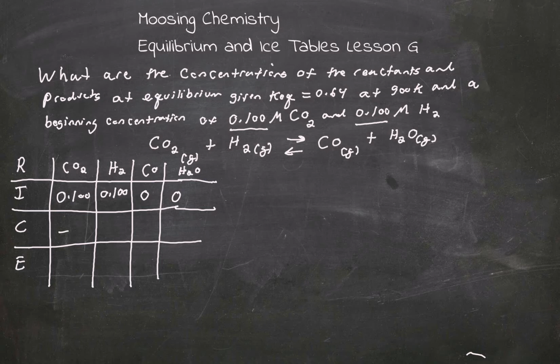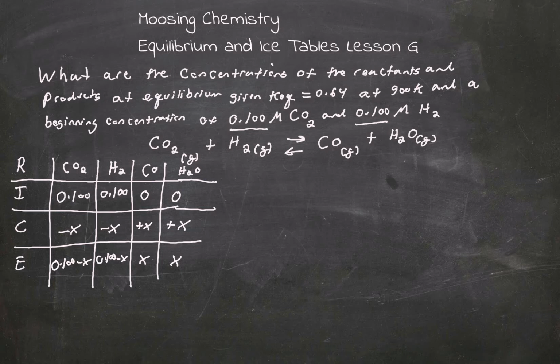We're losing reactants, and that's why we have minus X. And we're gaining products, that's why we have plus X. So we take the I and the C to make the E: 0.100 minus X, 0.100 minus X, and then this is going to be X, this is going to be X.